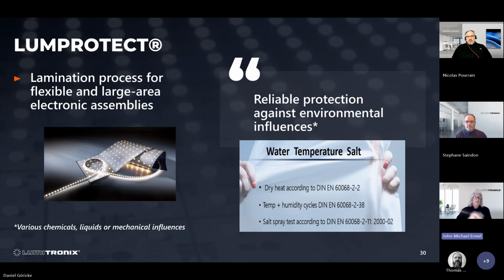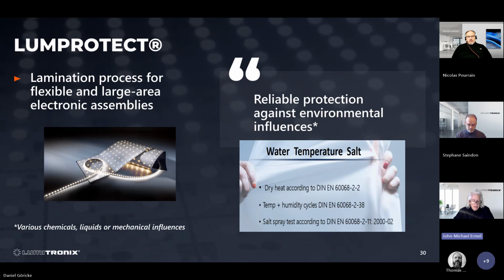There's another area that I'd like to touch upon because I think it's an extremely exciting area, something that we invented and developed the process for here in Hechingen, Germany, for taking flexible assemblies to the next step. It's our product and process called Loom Protect.